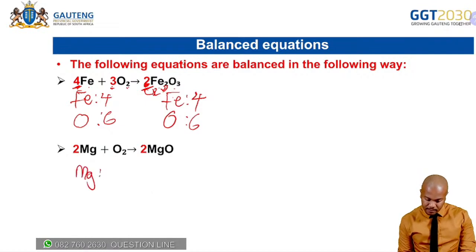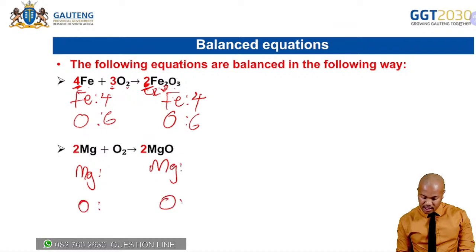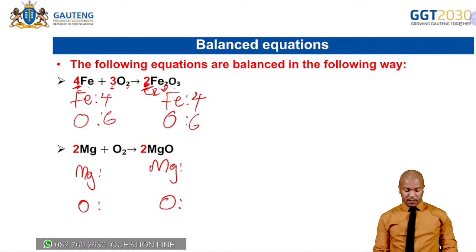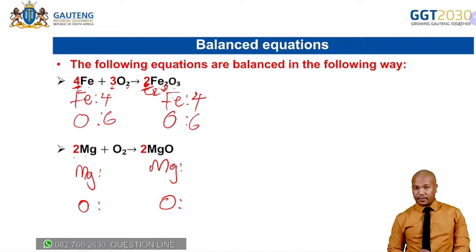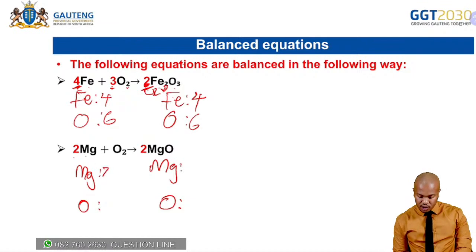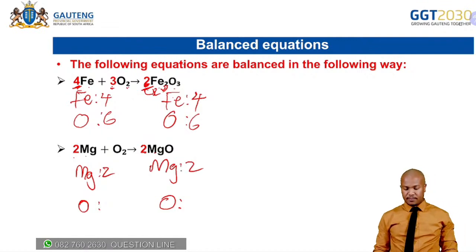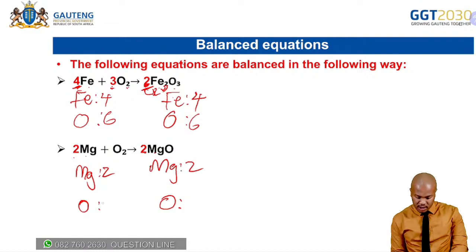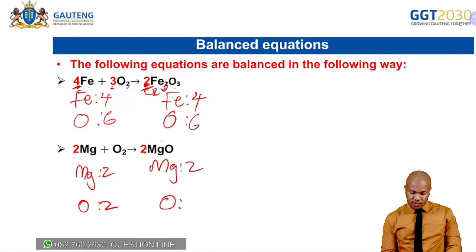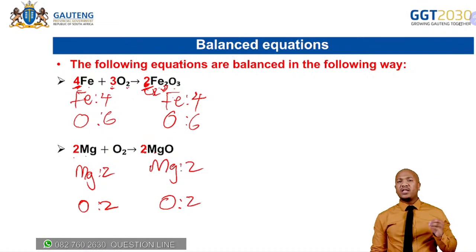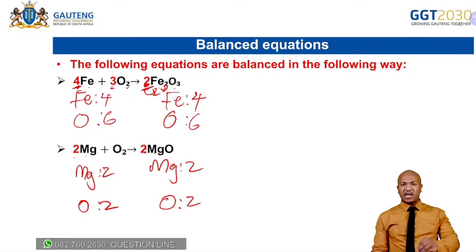We have magnesium on the reactant side and magnesium on the product side, oxygen on the reactant side and oxygen on the product side, right? 2 times 1 becomes 2 on the reactant side. 2 times 1 on the product side, they are 2 magnesiums. O2, they are 2, right? 2 multiplied by 1 oxygen, they are 2. So these equations are balanced in such a way.